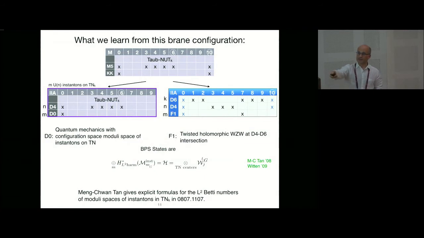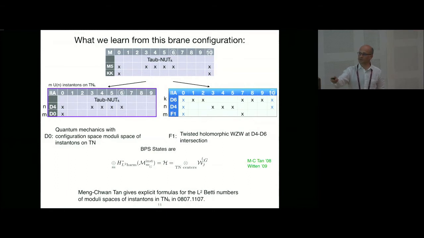And then, as a result, you get a one-dimensional quantum mechanical problem on the moduli space of instantons. So the configuration space, or if you like the Hilbert space here, is the L2 cohomology, or the harmonic spinors, on the moduli space of instantons.